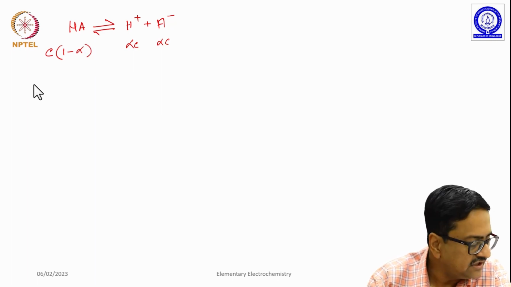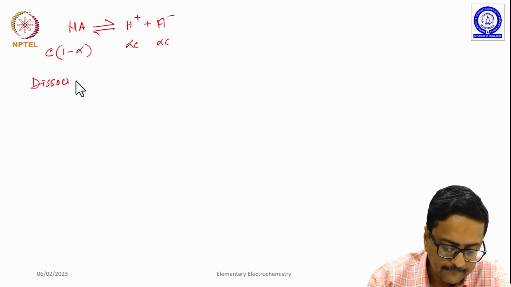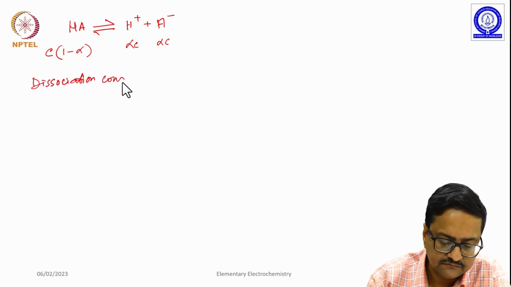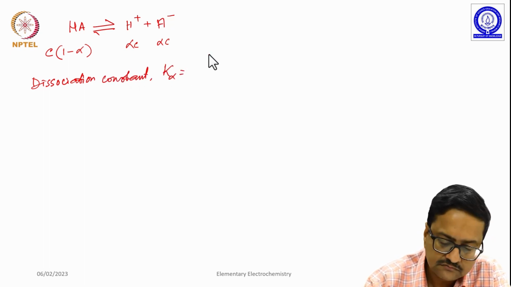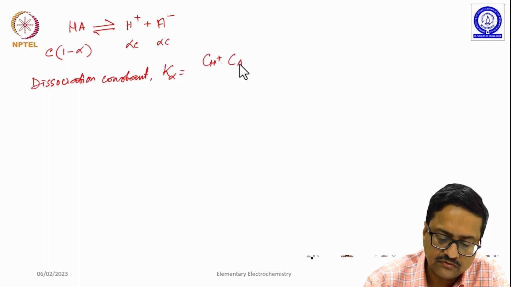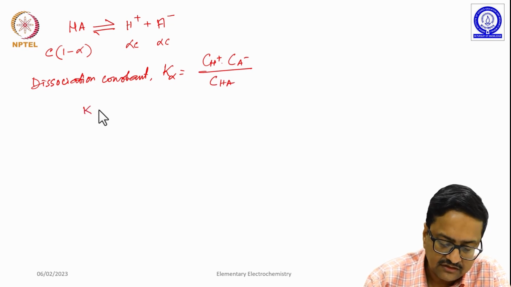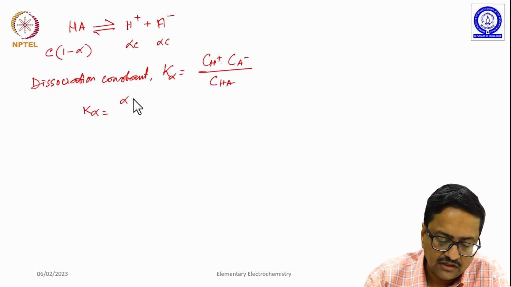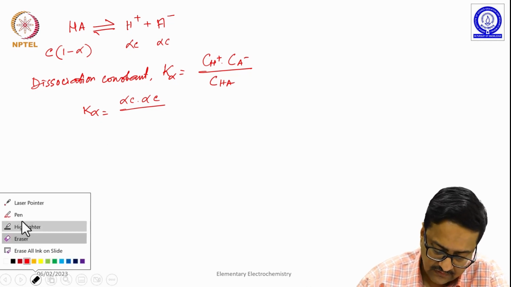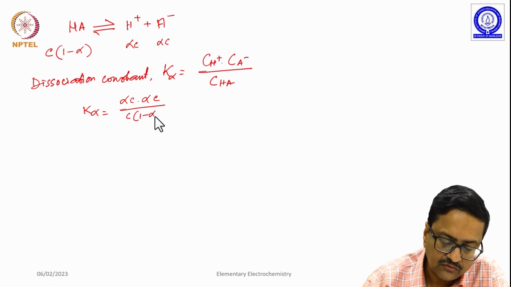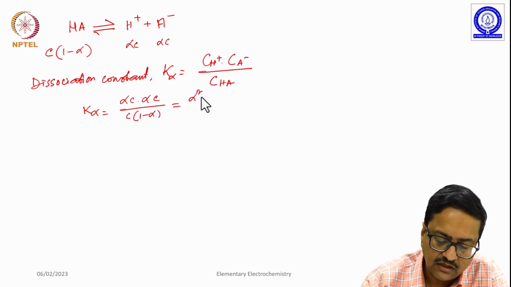So one can write the dissociation constant K alpha equal to concentration of H plus into concentration of A minus divided by concentration of HA, which is alpha C into alpha C divided by C into 1 minus alpha, which is equal to alpha square C by 1 minus alpha.